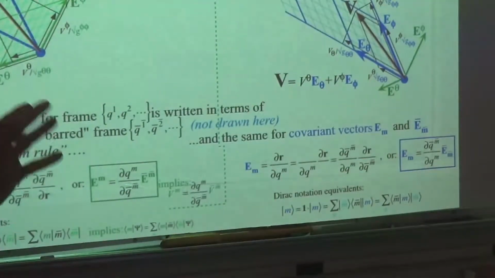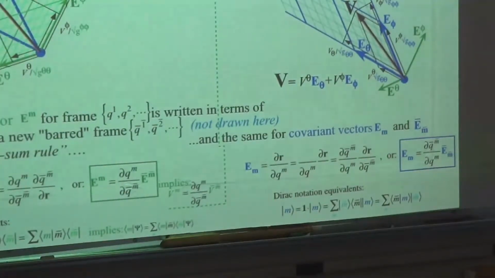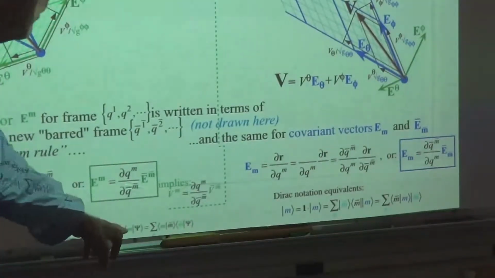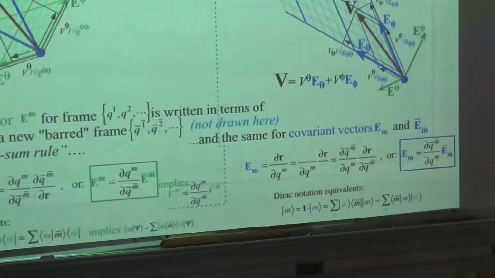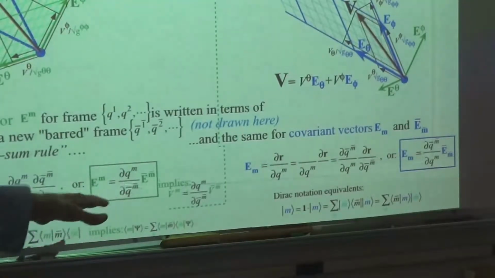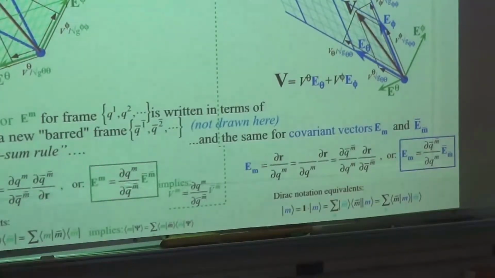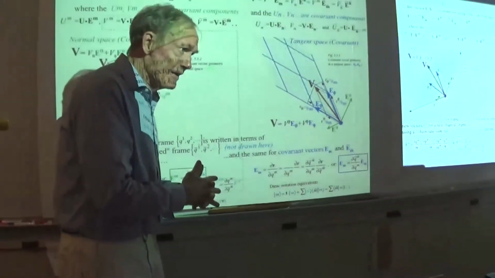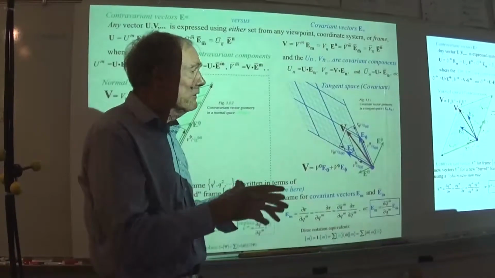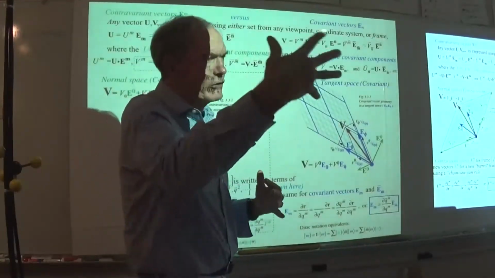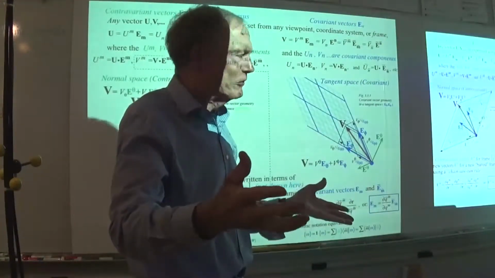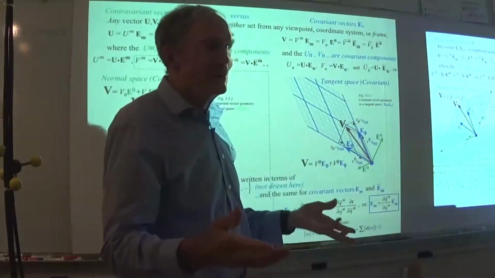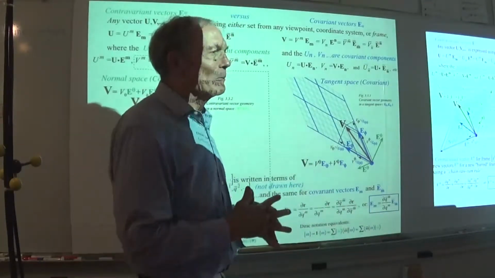Dirac notation equivalent. Okay? Same thing over here. And here are the components having the same transformation as the actual ket vectors do here. This is a good thing to make a connection between the crazy stuff you do in a complex Hilbert space of quantum mechanics, or even in a complex Banach space, that's a continuous Hilbert space, which is hell on wheels as far as mathematical properties go.